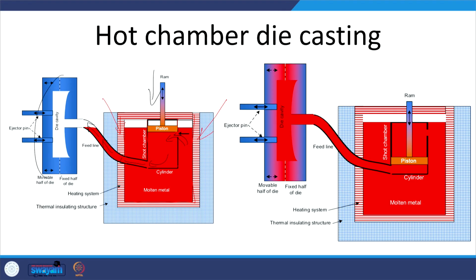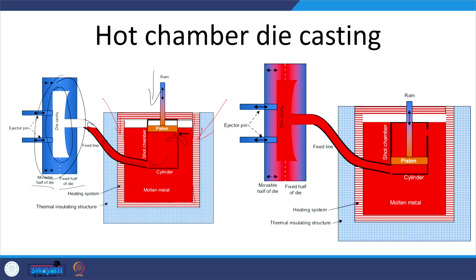Initially the die cavity has two parts in this case, the fixed half and the movable half. This is the die cavity where the molten metal will be filled in. This is the split die: one half is fixed, another half is movable.